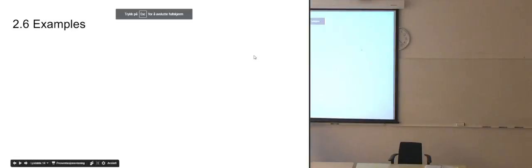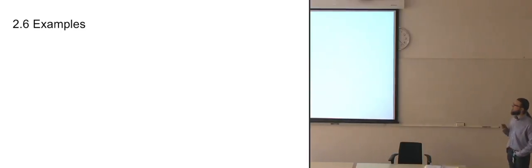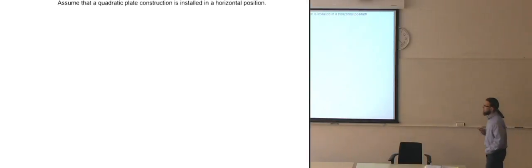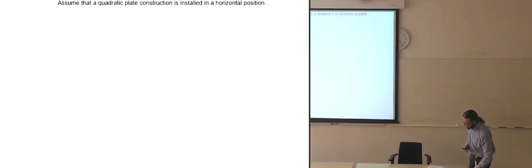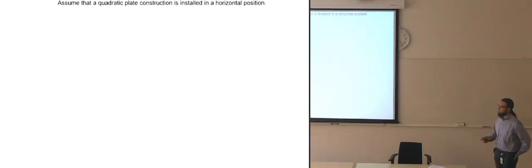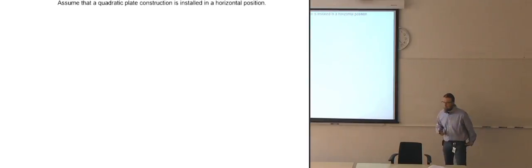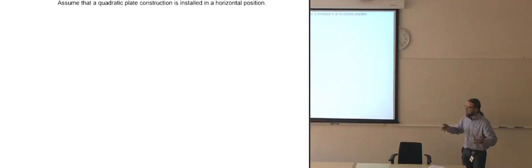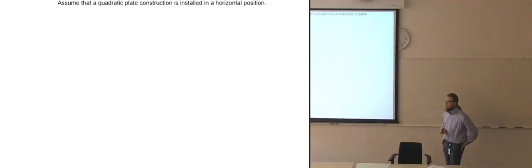We also have a couple of examples of how to do calculations with this stuff. We're basically just going to look at the example calculations that are in the book and go a bit more through them. The first example is a quadratic plate, a construction that looks like a quadratic plate, and it's being installed in the horizontal position.